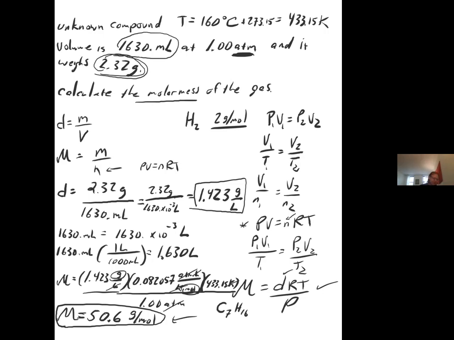Okay, let me show you one more, because we can go the other way too. So in this particular question, they say calculate the density of the gas. And then they give you the name.